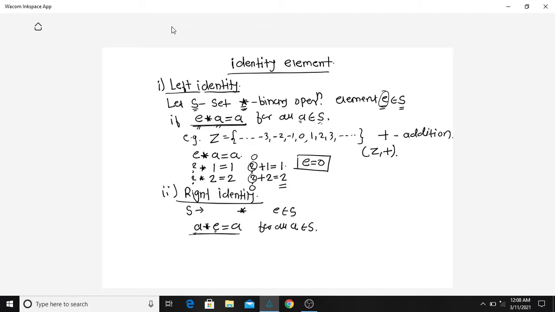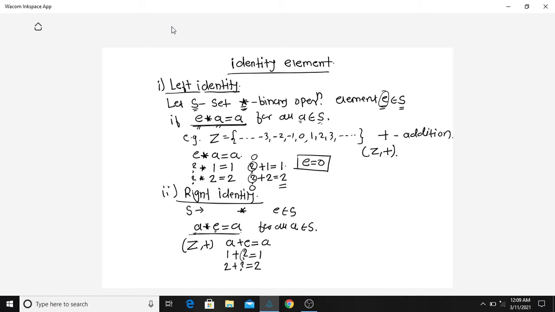If you take the same example, capital Z as the set of integers and plus as the normal addition operation defined on this set, then what is a right identity? According to the definition, A star E is A. So A plus E should be equal to A. So 1 plus what gives you 1, or 2 plus what gives you 2.